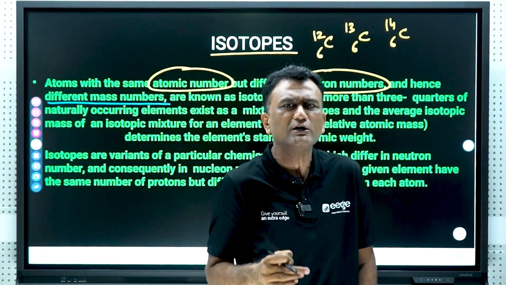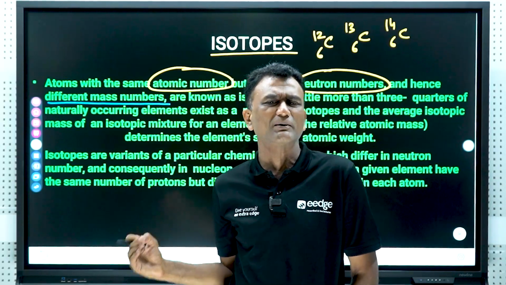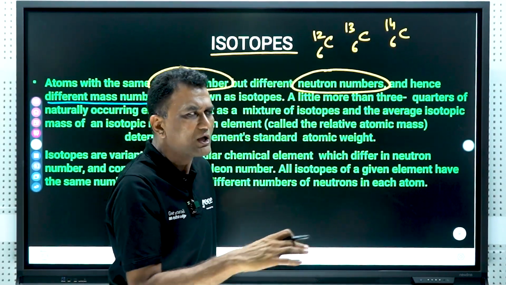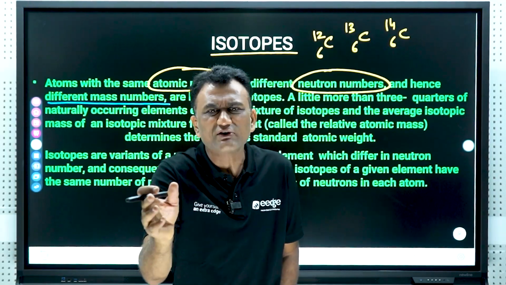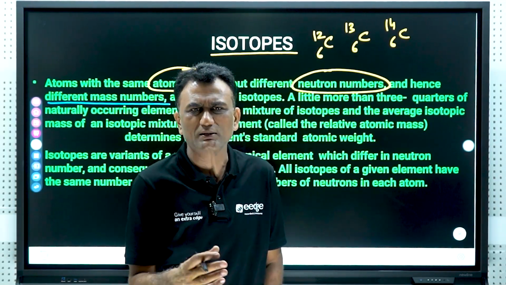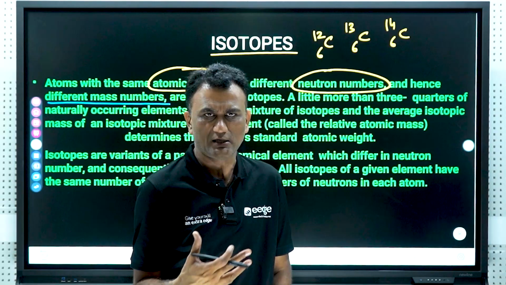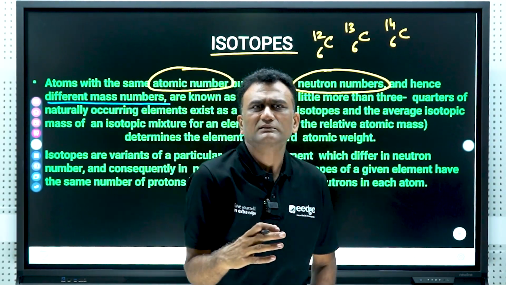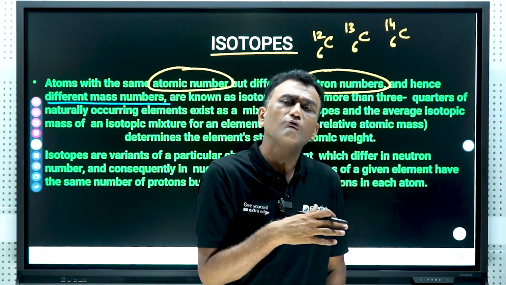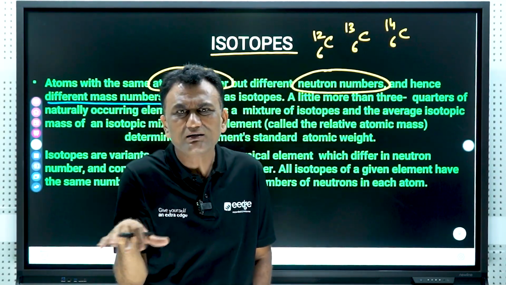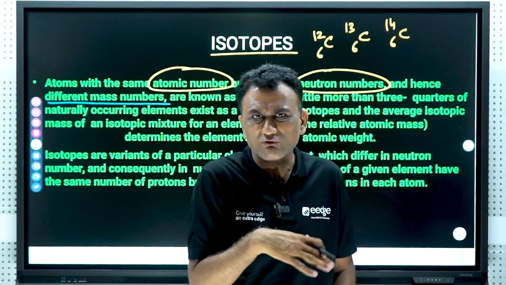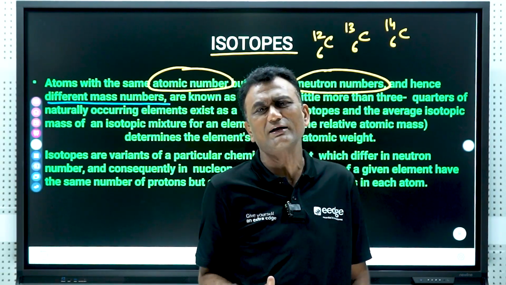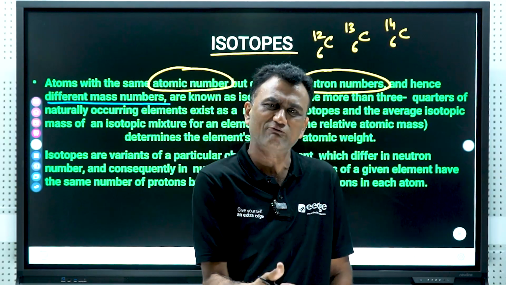We are going to make a video later on atomic weight, so I'm not discussing this in detail. You've studied averages in mathematics in lower standards. If we have boys and girls with different weights in the classroom, and I want one representative weight of the classroom, then it should be the average.